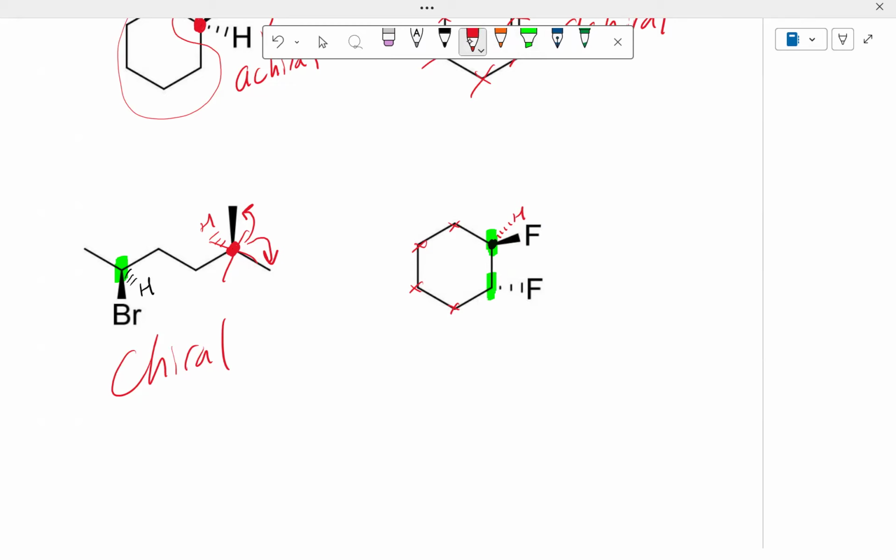Now, just because I have two chiral centers doesn't automatically make the whole molecule chiral. If it's greater than one, I have to look and see if there's any symmetry. So if I cut the molecule in half from left to right here, what do you notice? I do have the same atoms, but they're not in the same direction.